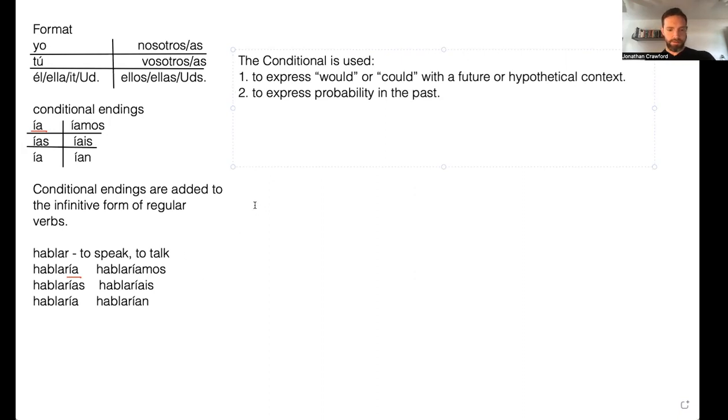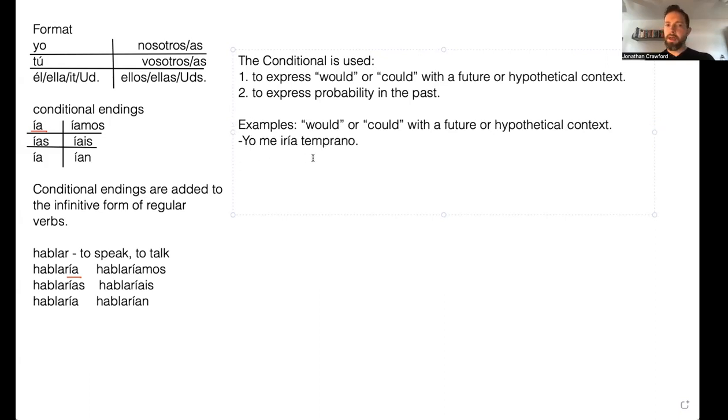Examples: would or could with a future hypothetical context. An example of that would be "yo me iría temprano." So ir means to go. Temprano means early. Yo me iría temprano.